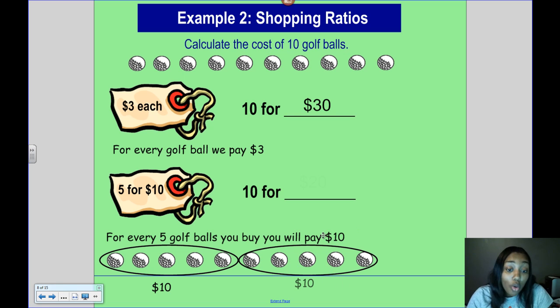So in total, for these 10 golf balls, we're going to pay a total of $20. So this ratio helped us figure out how much we were going to pay. So the ratio was that we get 5 golf balls for $10. So if we buy 10 golf balls, it's going to cost us $20.